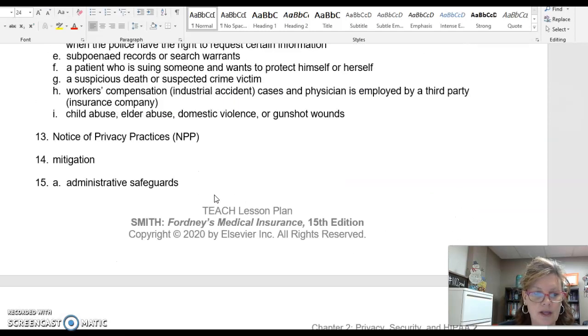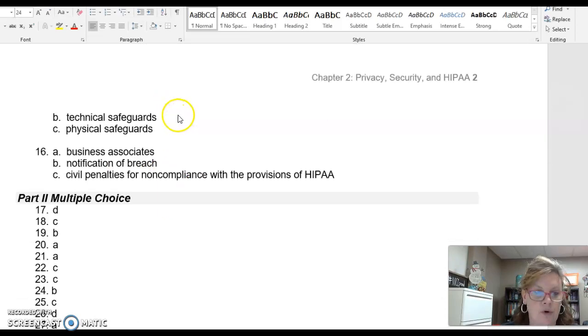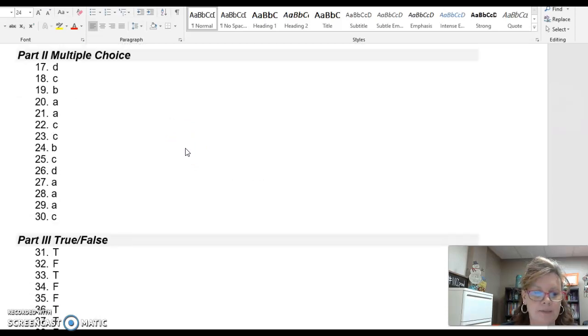Okay, so let's go ahead and go to, you had to do 17 through 40. So go ahead, I will just go through these a little bit here, like I said, pause the tape so you can write these answers down. 17 was all of the above, 18 is Office for Civil Rights, 19 we have consent, 20 is authorization, 21 we have the NPP at the first visit to the practice.